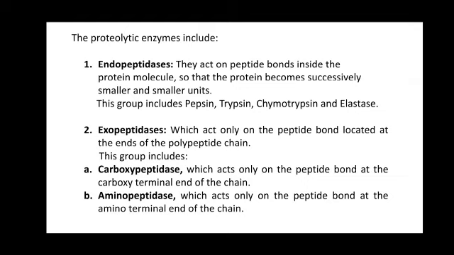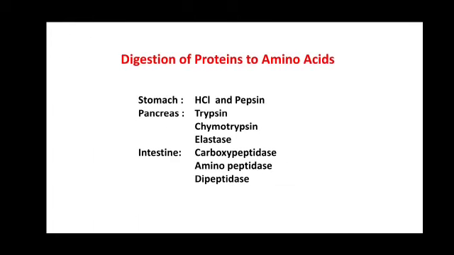Under these exopeptidases, carboxypeptidase and aminopeptidase are classified. Carboxypeptidase acts only on the peptide bonds at the carboxyl terminal end of the chain, and aminopeptidase acts only on the peptide bond at the amino terminal end of the chain.